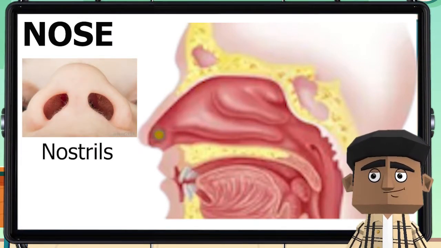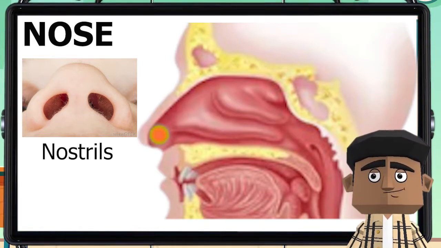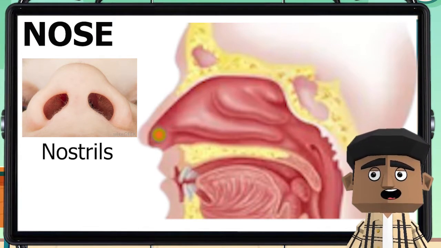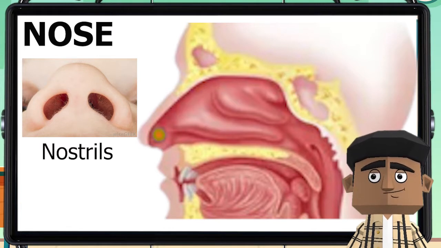Can you see the tiny hairs present inside the nostrils? What do you think is the purpose of these hairs? Correct! Coarse hair in the nostrils trap dust and dirt particles that are present in the air we breathe.